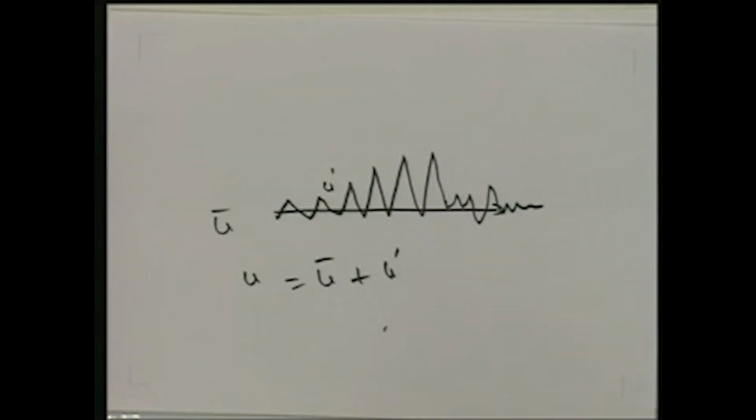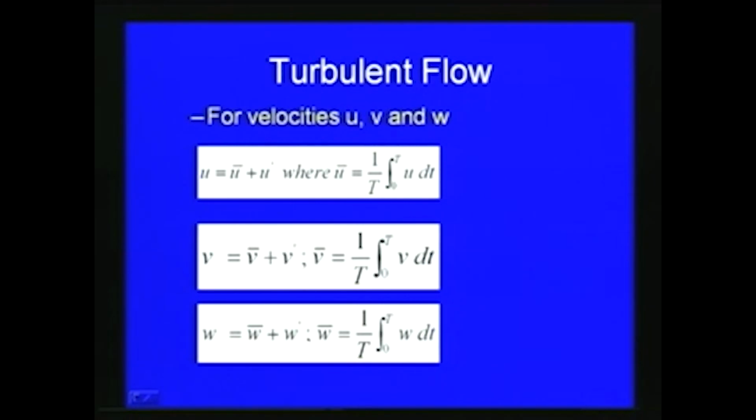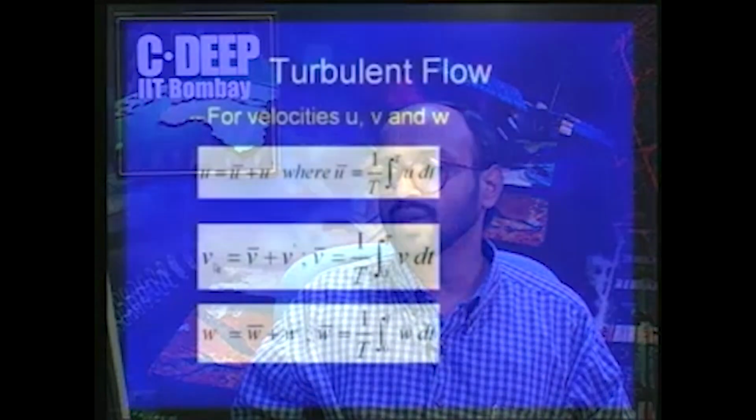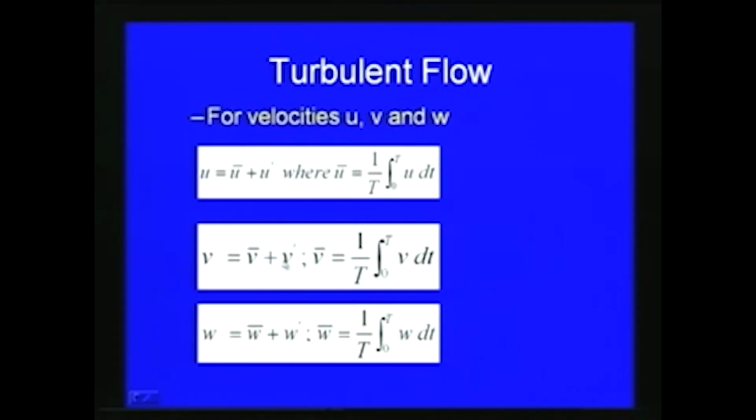So, here in this slide you can see, in 3 dimensions we will be having the flow x component, y component and z component, so u, v and w components. u is expressed as u bar plus u dash, where u bar is the mean velocity component, that is equal to 1 by t integral 0 to t u dt, where t is time, a long time is considered. And for turbulent velocity in the y direction, v is equal to v bar plus v dash, where v bar is equal to 1 by t integral 0 to t v dt, and similarly w is equal to w bar plus w dash, where w bar is equal to 1 by t integral 0 to t w dt, where u dash, v dash, w dash are the instantaneous velocities with respect to the mean velocity as we have discussed.